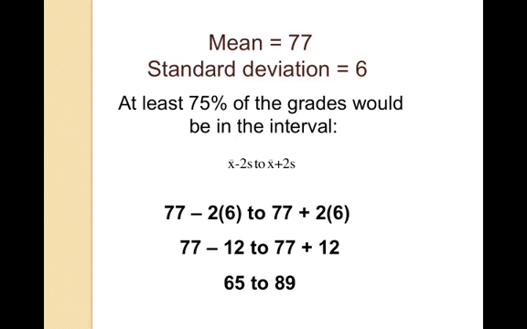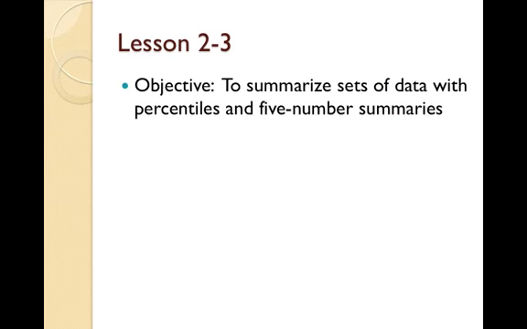So just knowing what the mean is and what the standard deviation is, we could figure out that at least 75% of the grades would be from 65 to 89. All right, next time we're going to come back and talk about percentiles and something called 5-number summaries for your data sets. For one thing, we really focused on standard deviation and variance.